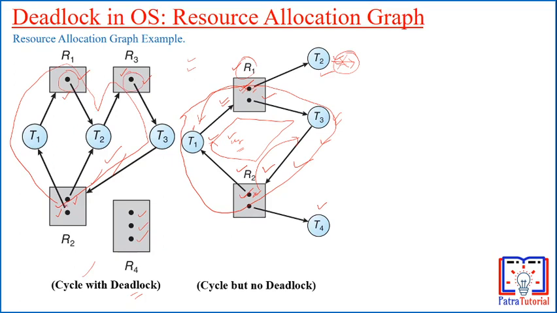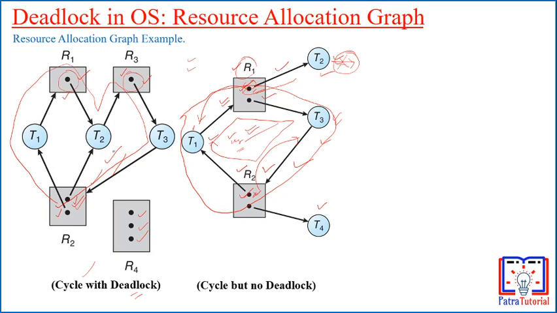This one has multiple instances, and because of this assignment, T2 may release the instance of R1, right? And it is not requesting anything else. So because of this assignment, there is a possibility of deadlock, but we cannot say there is 100% deadlock.